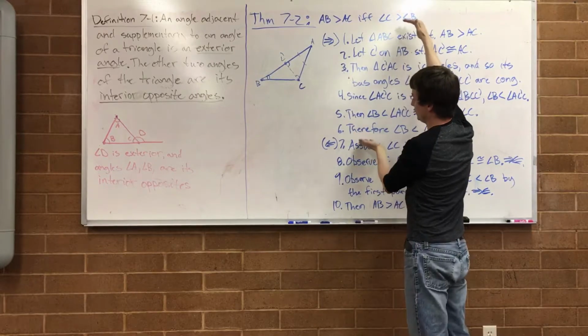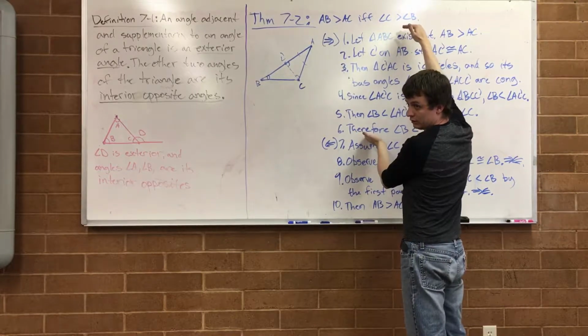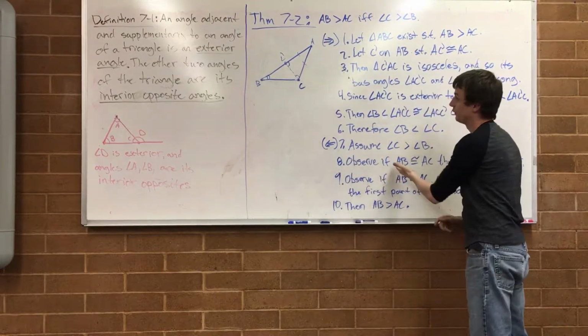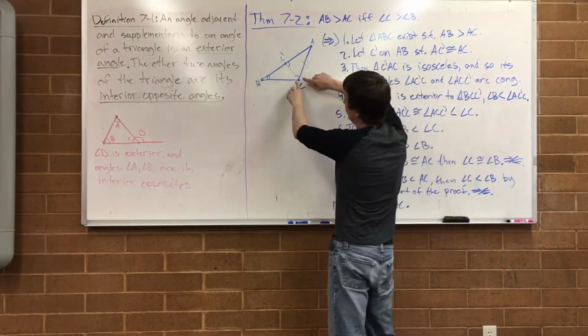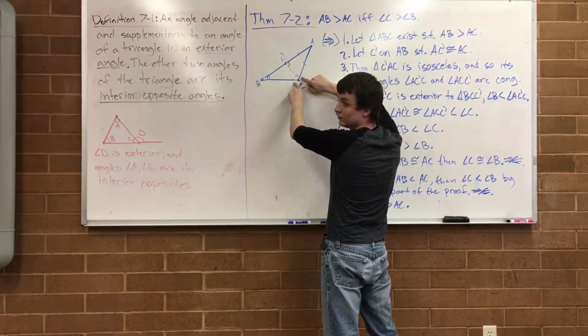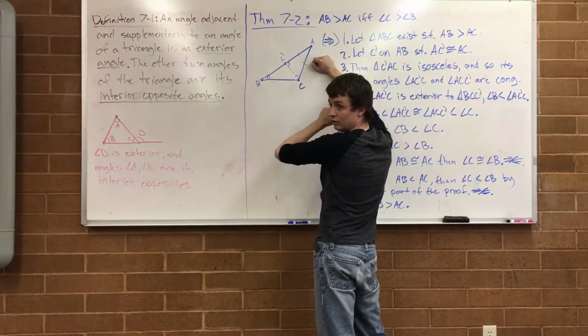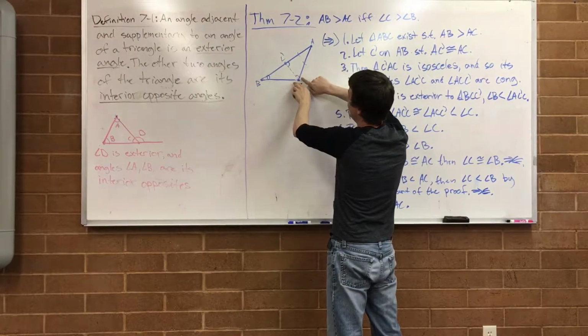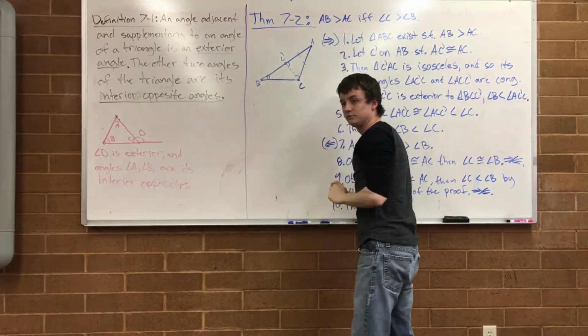That's the first part of our proof. Bigger side means bigger opposite angle. So now we are proving that bigger angle means bigger side. The opposite view. So we start out with, let's assume that this angle is bigger than this angle.